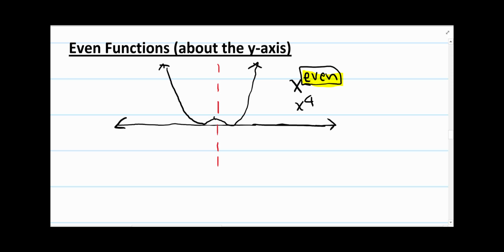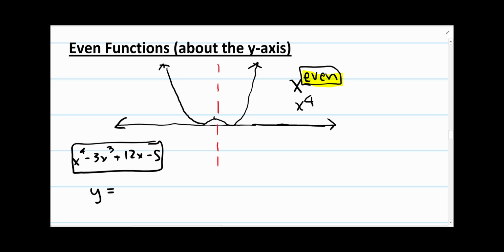X to an even exponent on some functions. Now you have to be careful when you've got x to the fourth minus 3x cubed plus 12x minus 5. This function may not be symmetrical about the y-axis. It'll be symmetrical about something, but it will not be symmetrical about the y-axis.